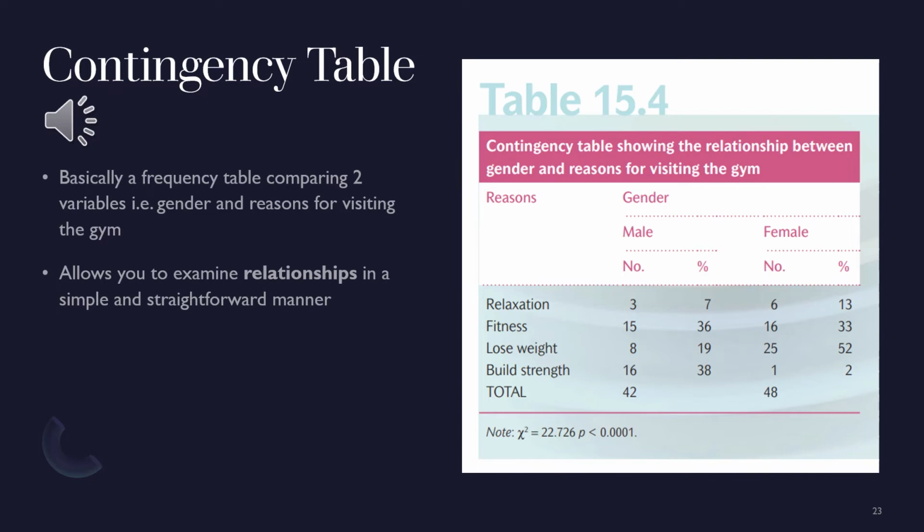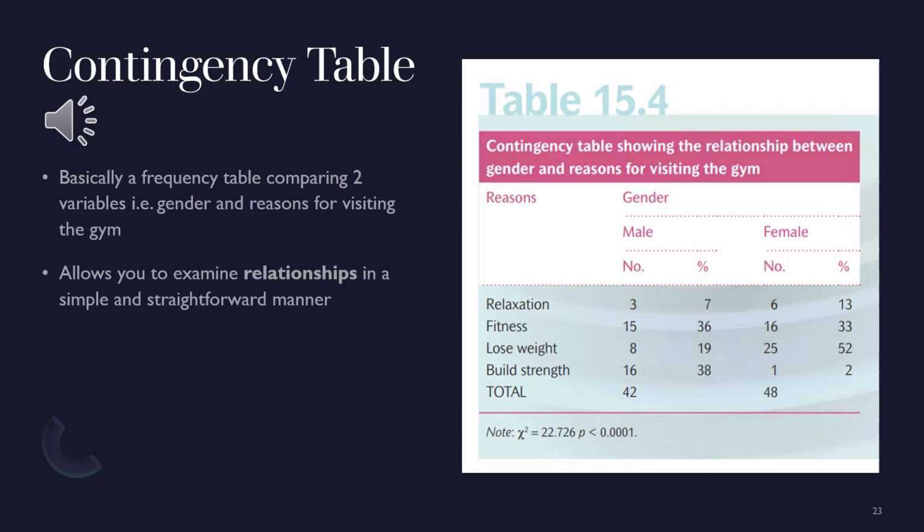Now you're comparing, in this example, the relationship between gender, male and female on top, and then on the left column we have reasons for visiting the gym. And then when you put all of these out on the table, you can examine relationships between gender and the reasons people visit the gym in a simple and straightforward manner without too much complication.